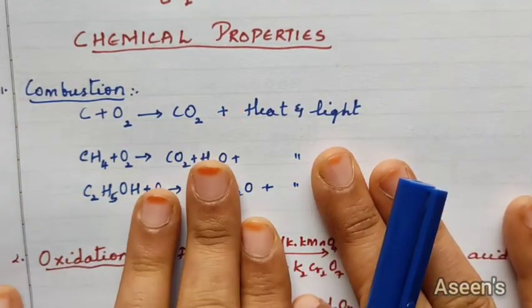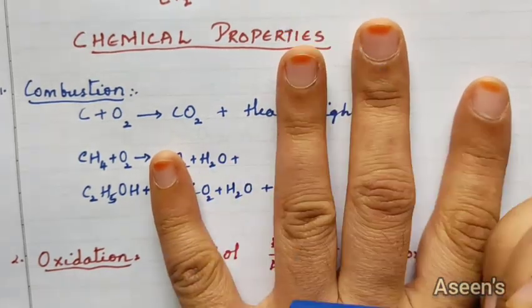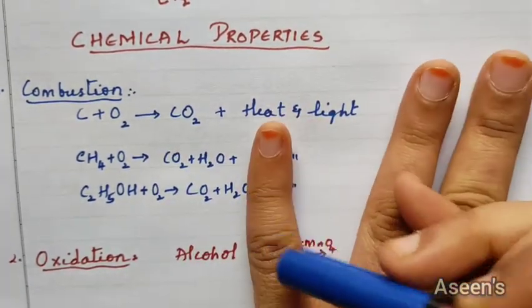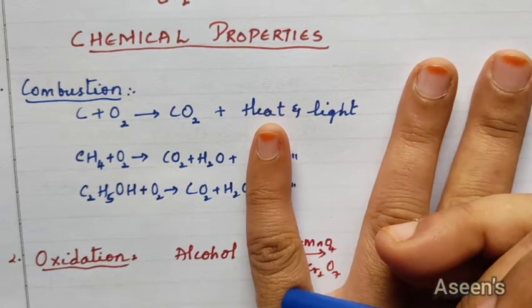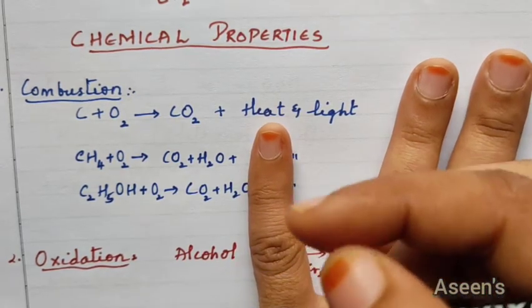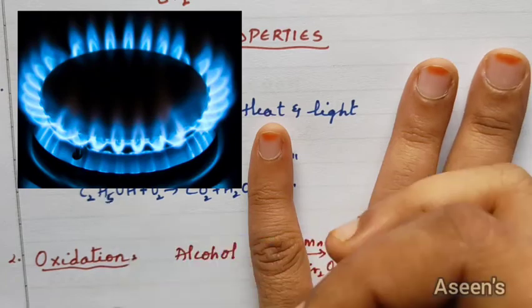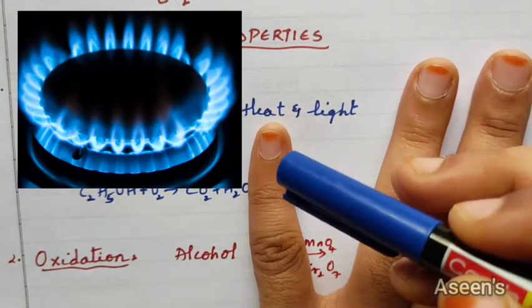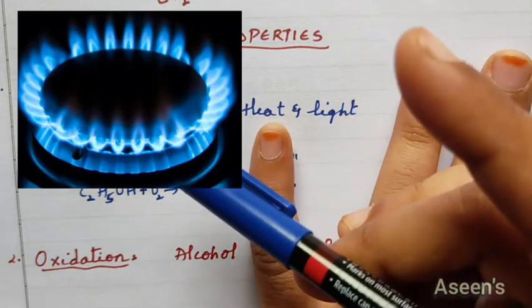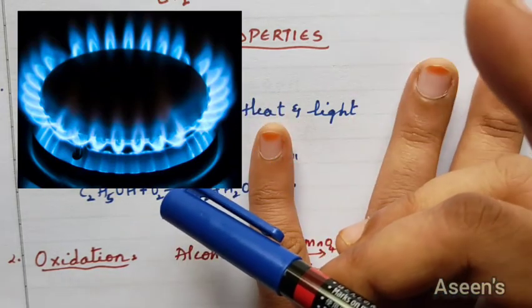Now, before moving forward, there are two types of flames which you will be observing. There are flames where you will see a blue flame with no soot. You won't see any black vapor-like thing rising, as you can see on the screen. Such a flame is caused when you're burning a saturated hydrocarbon.